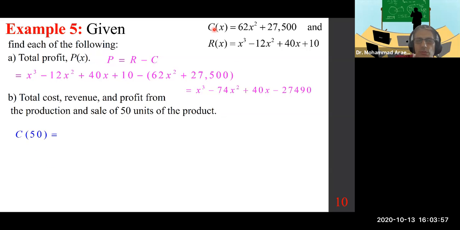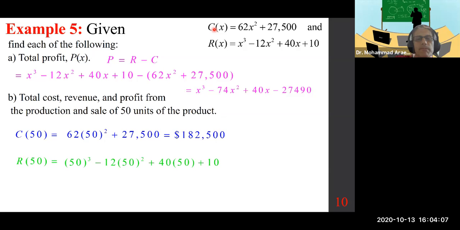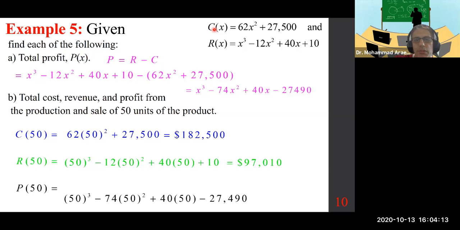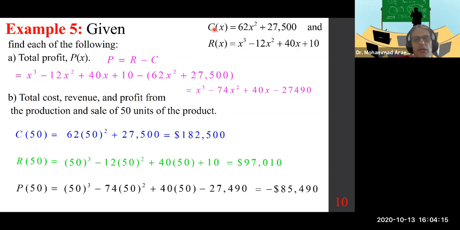So I'm going to assume C of 50 we plug in. R of 50 we plug in. And P of 50 we can plug in, again just by plugging in.